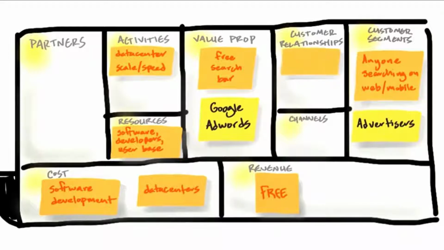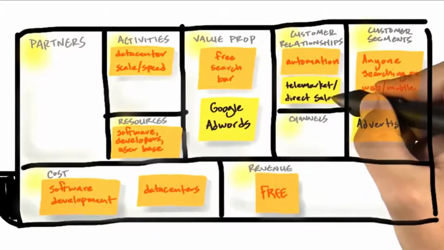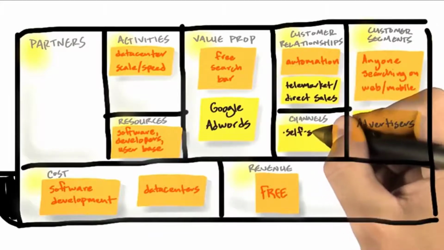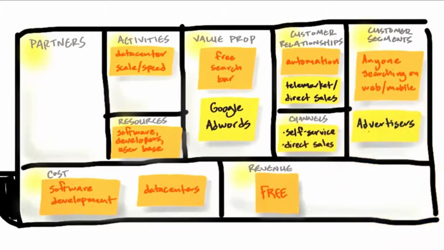And our customer relationships are different. For users, it was kind of an automated process. You just basically went to the Google website or you downloaded a Google toolbar. But for payers, it might be automated, but they also have telemarketing and direct sales to go after big advertisers. Their distribution channel, in addition to being automated, is also self-service and direct sales.